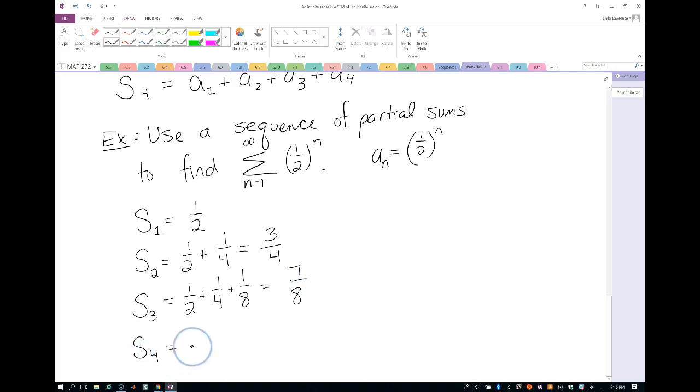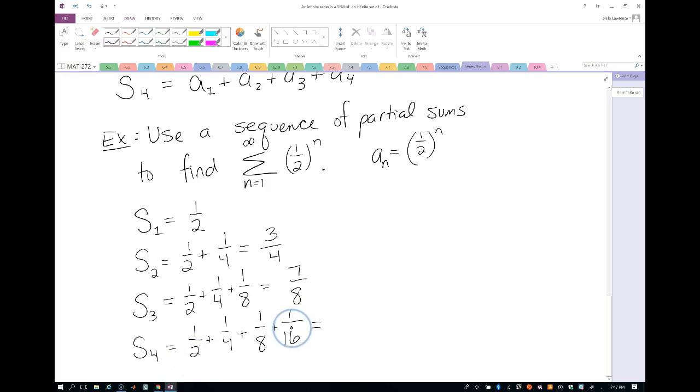And then s sub 4: 1/2, 1/4, 1/8, and the fourth term in this sequence, (1/2) to the 4th power, would be 1/16. Remember, we already know the sum of the first 3, that's 7/8.